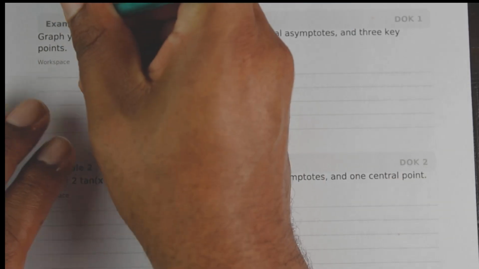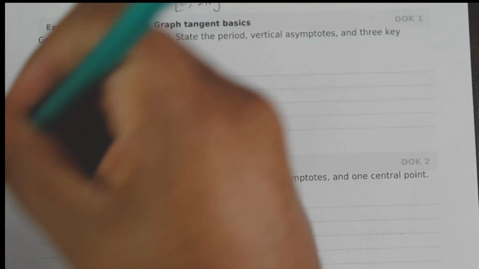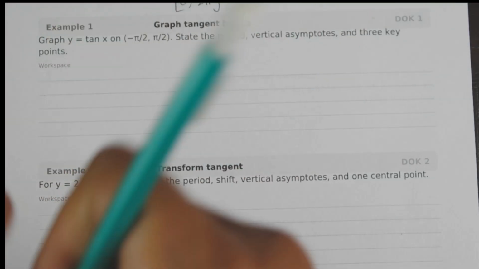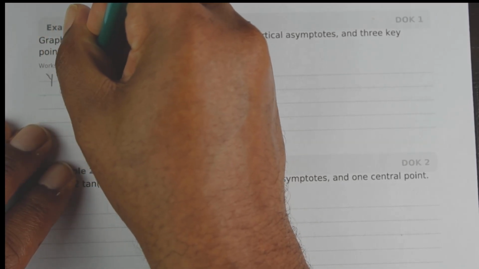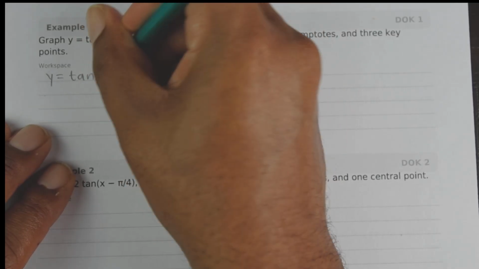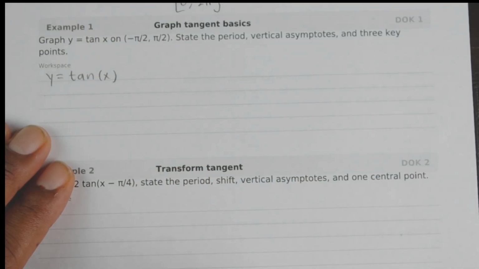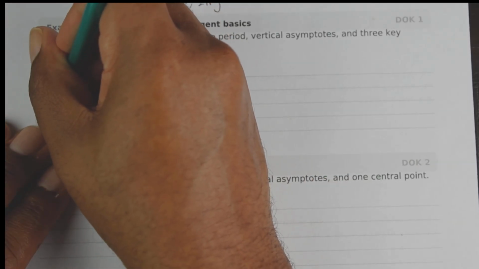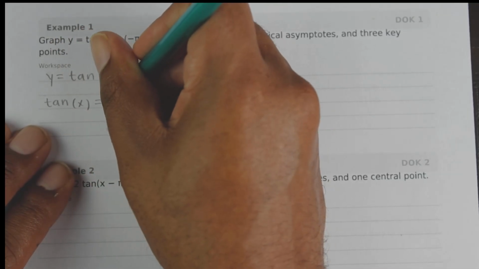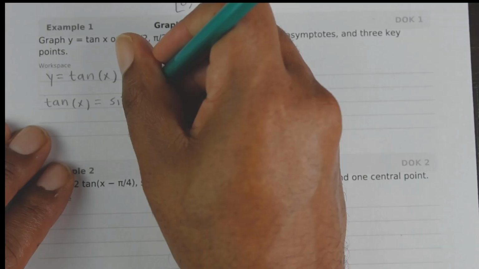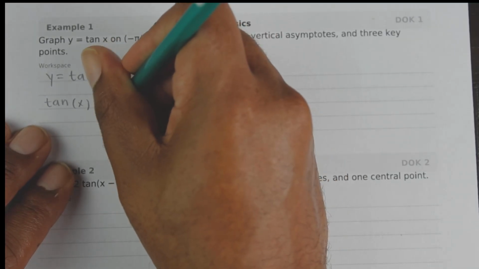Okay, so we have the function y equals tan x. So that's essentially saying tan x is equal to sine over cosine.